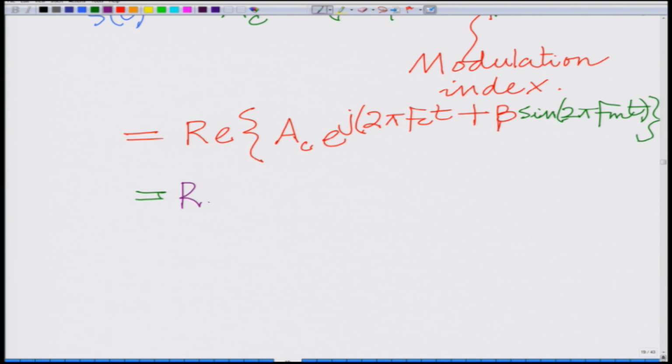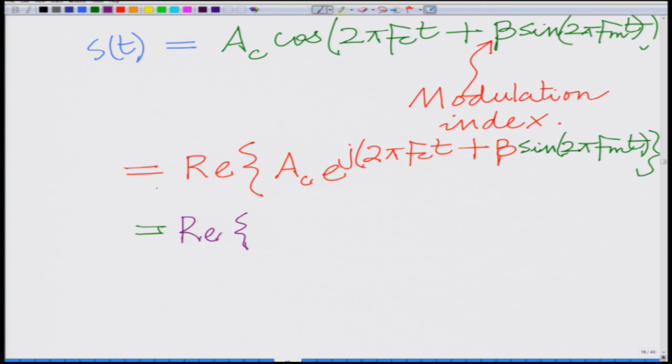First I am writing Ac cosine 2 pi fc t plus beta sine 2 pi fm t as the real part of Ac e to the power of j (2 pi fc t plus beta sine 2 pi fm t). Now I can split this as Ac e to the power of j beta sine 2 pi fm t times e to the power of j 2 pi fc t.